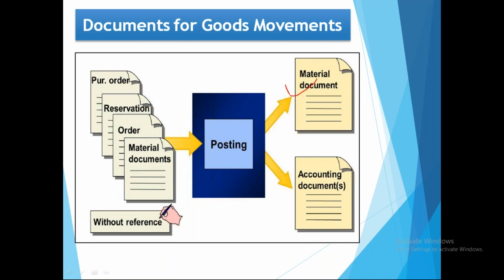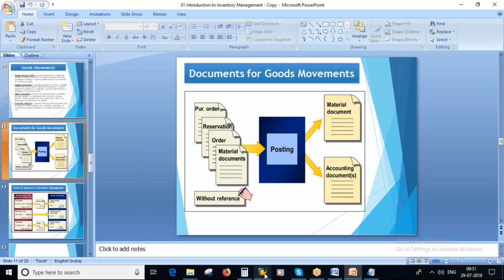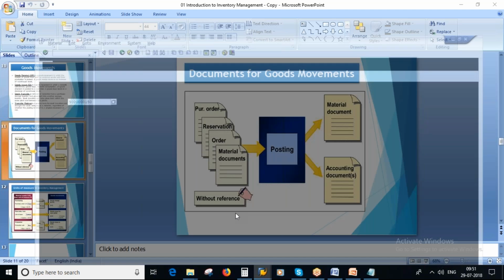Material document is for inventory management people, that is for us, and accounting document is for finance people. I'll show you this in the system as practicals. We will see some practicals now.